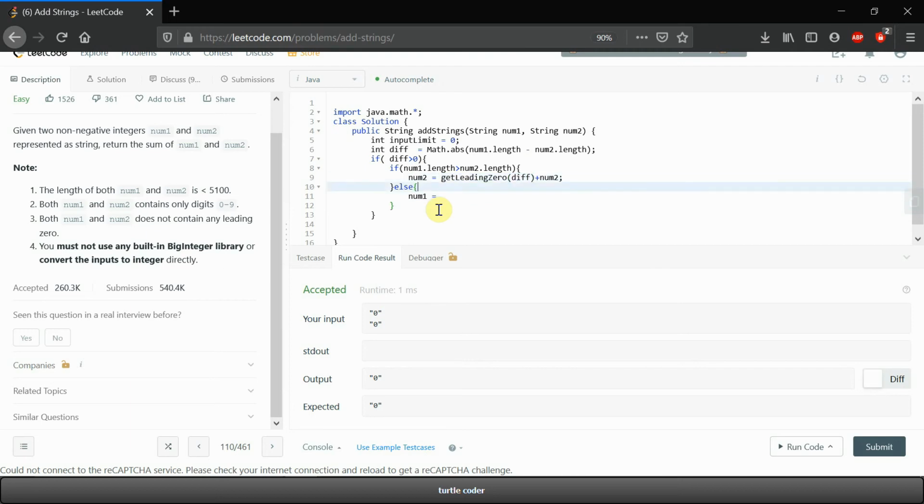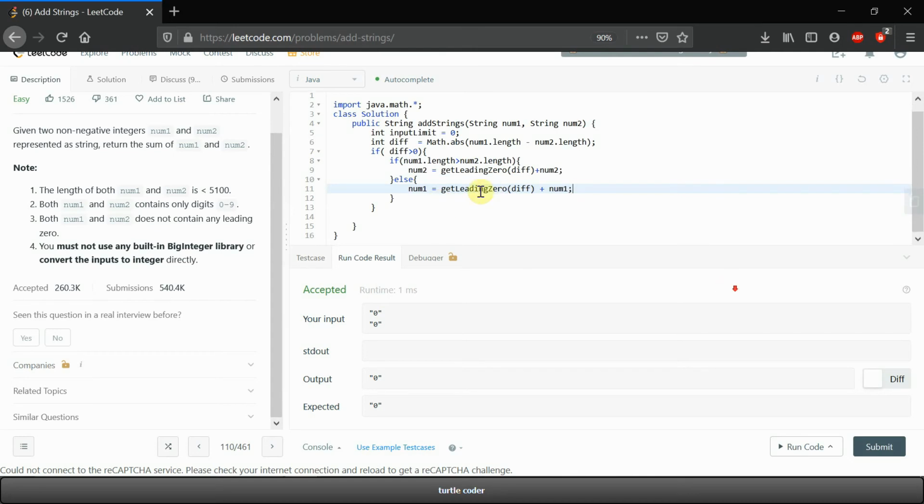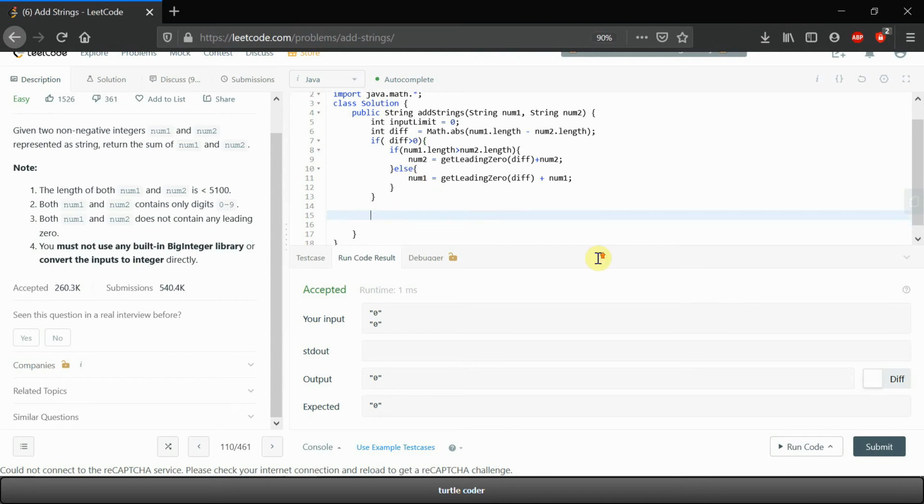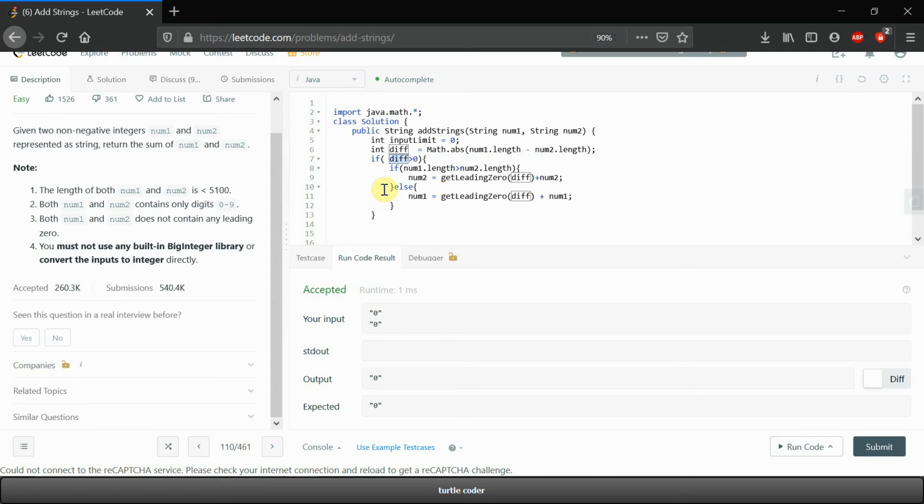So getLeadingZeros plus num1, and that's where we equalize the lengths. Otherwise, in the good case, the difference is 0 and we don't have to do anything.